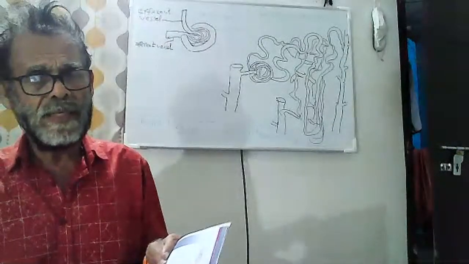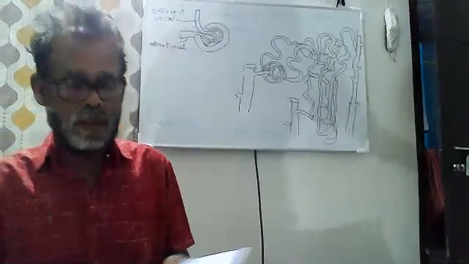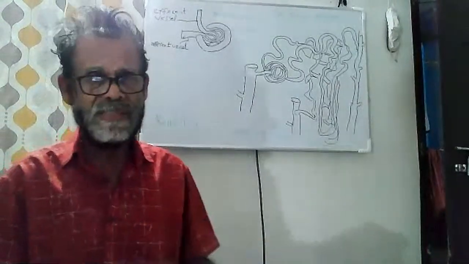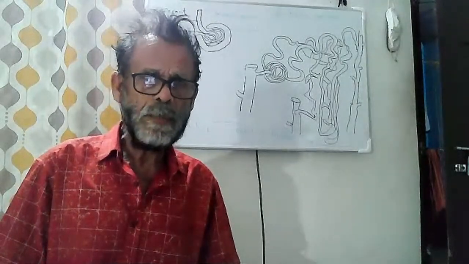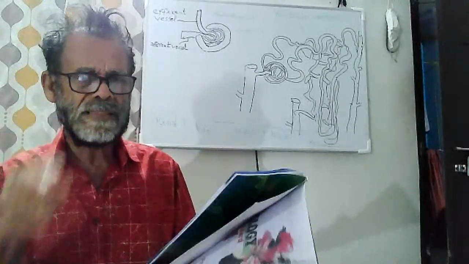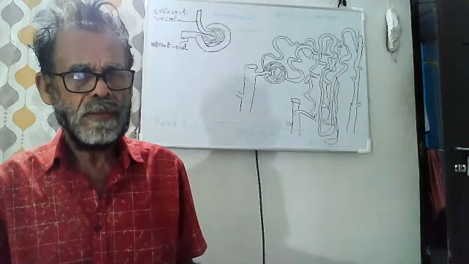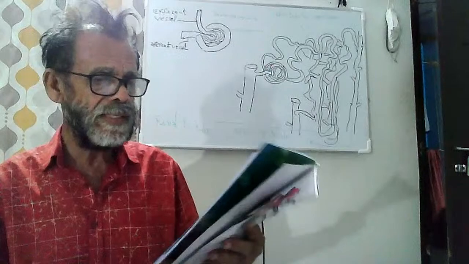In the medulla there are the renal pyramids, and the renal pyramids open into the pelvis. It is a funnel shaped portion. We also say the pelvic cavity. The medulla ends as pyramids, which are called the renal pyramids.